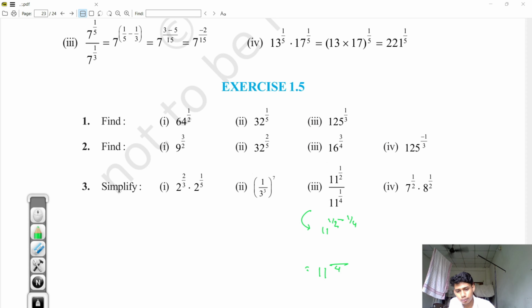Now here LCM will be 4 and 2 times 2 is 4, 2 minus 1, which will be 11 to the power 1 by 4.